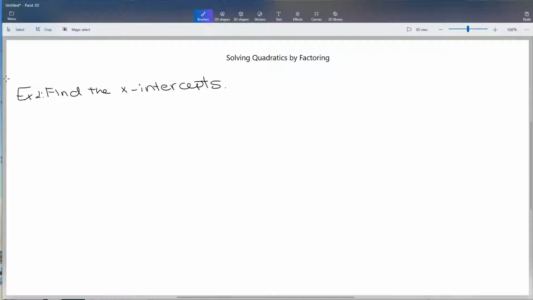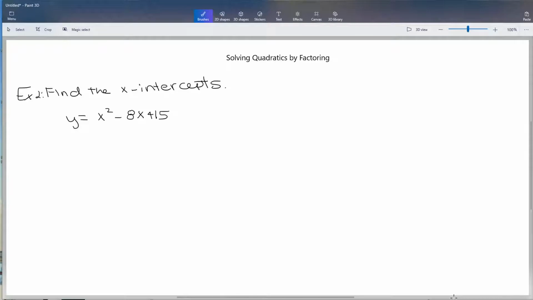Okay, so we are going to look at a quadratic function, and we're going to ask ourselves, find the x-intercepts. All right.